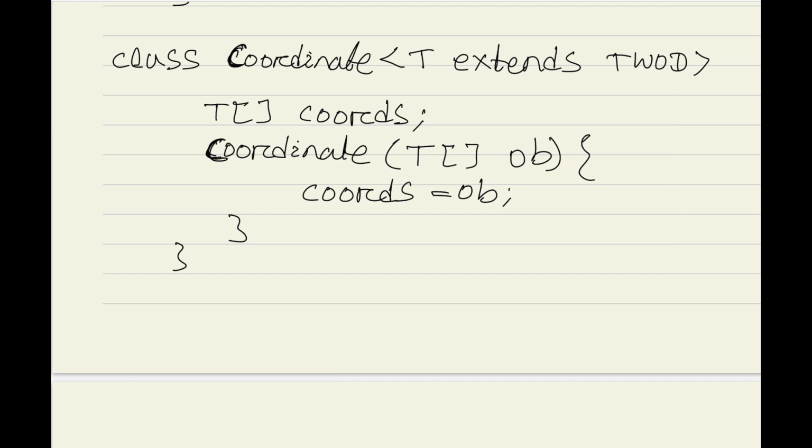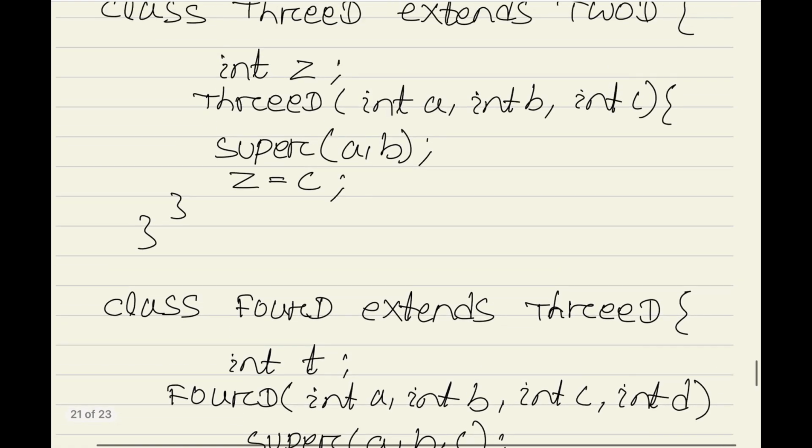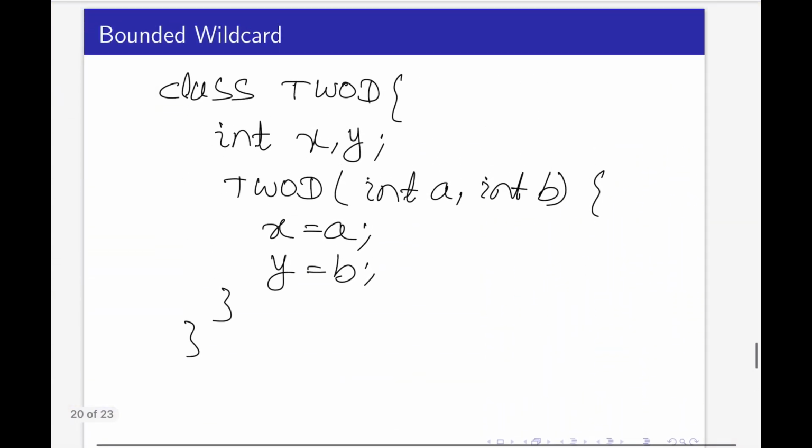Now suppose we want to write a method that displays the x and y coordinates for each element in the codes array of a Coordinate object. So all types of Coordinate objects have at least two coordinates, that is x and y. So all types means here we are considering only 2D, 3D and 4D because we have written 2D, 3D and 4D.